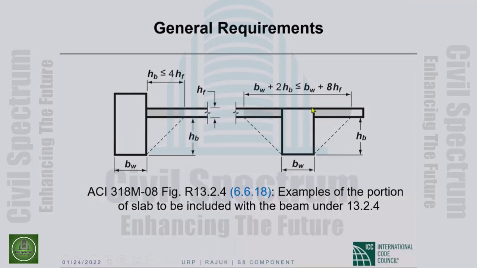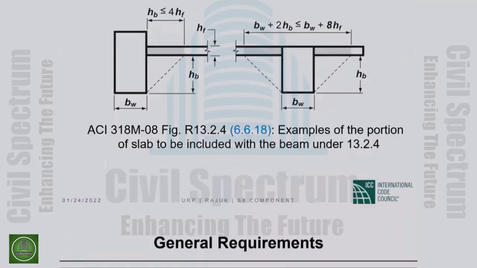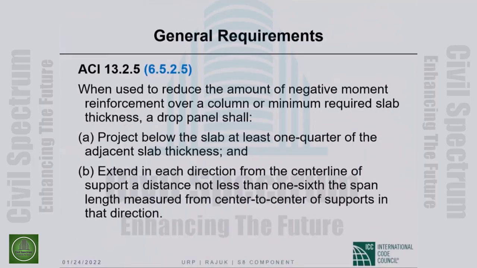Okay, so this overhang is equal to H sub B as shown here, but cannot be any more than 4 times H sub F. So the beam includes a portion of the slab as defined in this figure.